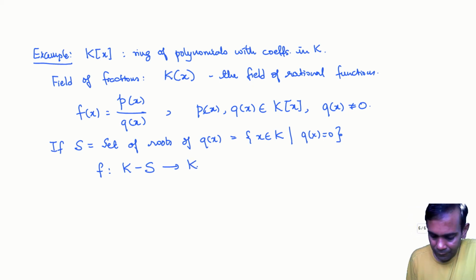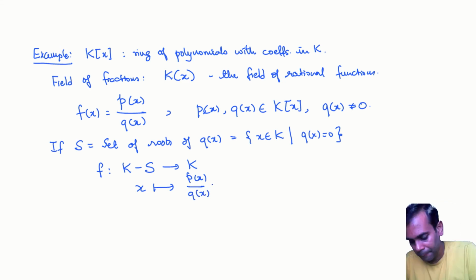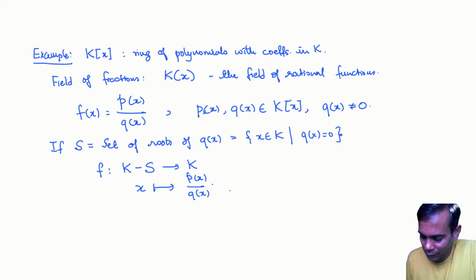You can think of this rational function as a function from k minus S to k, which takes an element x to p(x) by q(x). So for example, you can think of the function (1 plus x) by (1 minus x).